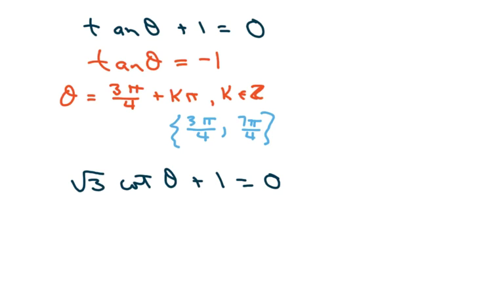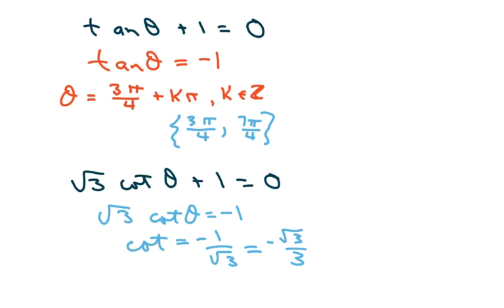And now we have cotan, so we're going to go ahead and subtract the 1. And then divide by square root of 3. And we know that's equivalent to square root of 3 over 3. And for that one, the solution is at 2 pi over 3.